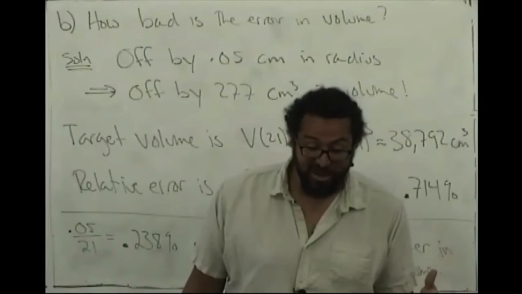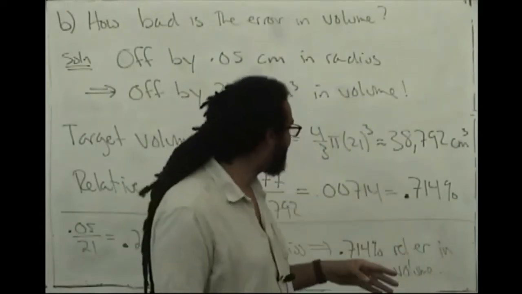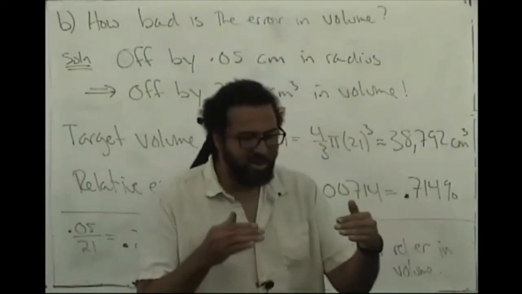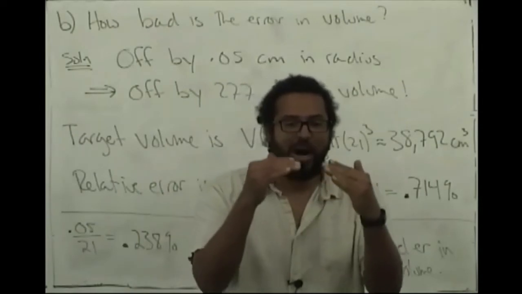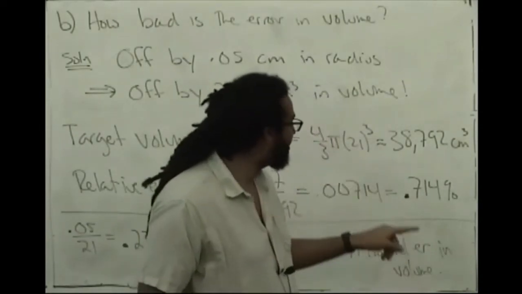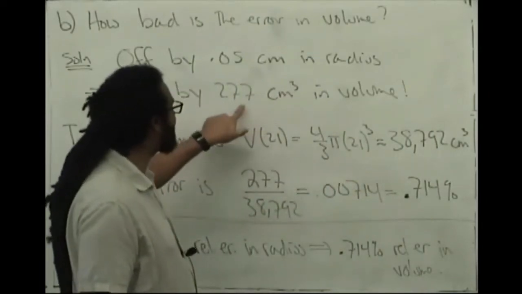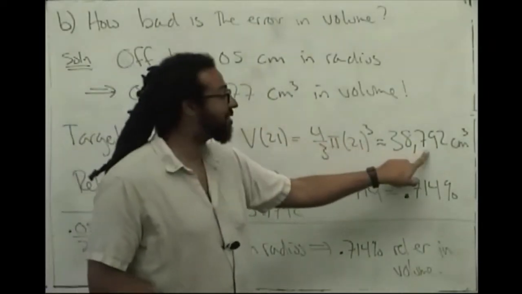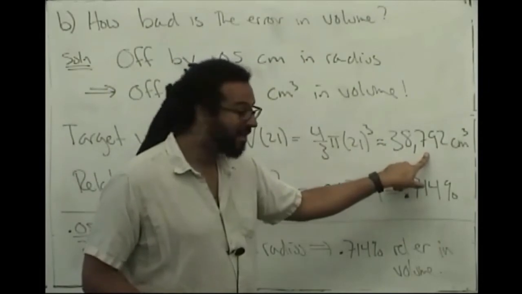So now we want to talk about relative error. It's the little change in y compared to the actual value in y. So the little change in the volume compared to the actual volume is not so bad.